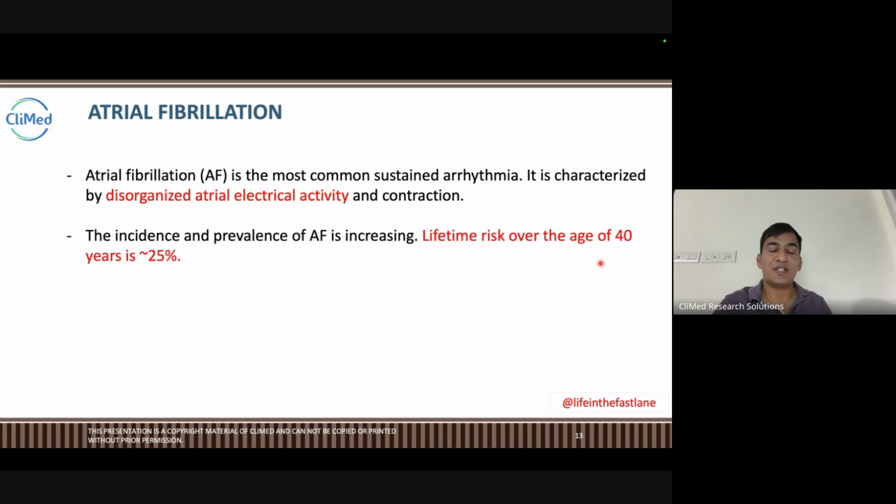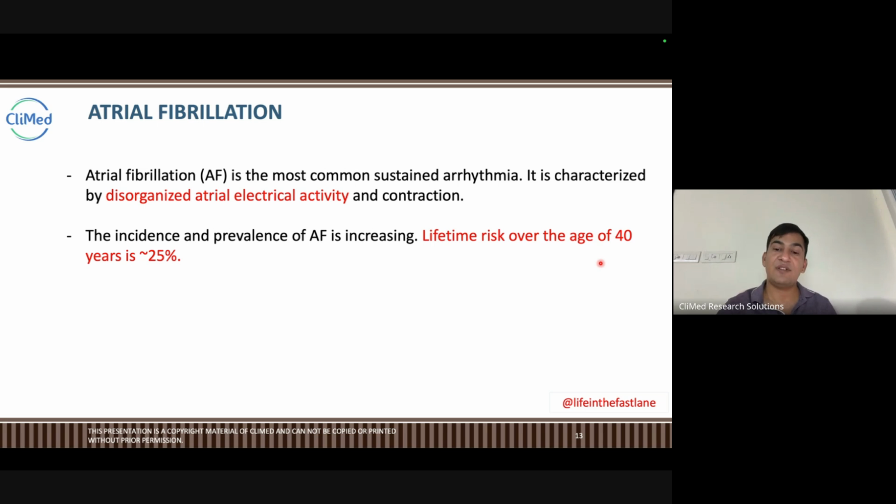And the incidence and prevalence of AF is increasing. Lifetime risk over the age of 40 years is 25%. So it is reducing the life expectancy by 25% in people if there is AF. Understand?